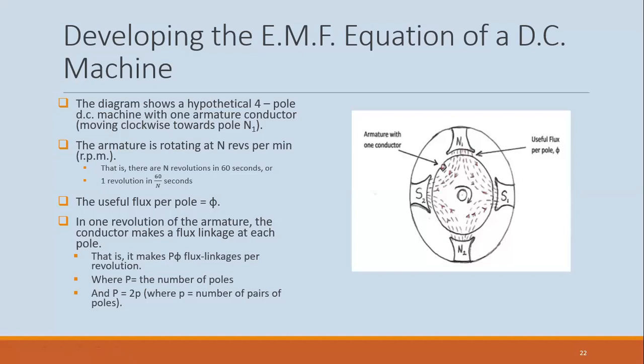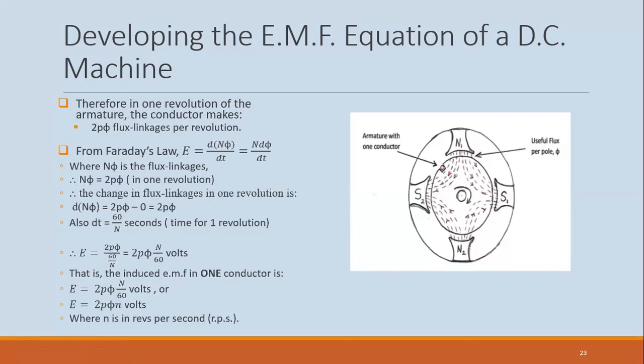But in terms of calculation, it doesn't make a difference whether you use capital P or small p, once you use the formula properly. So in one revolution, that single conductor makes 2p phi flux linkages.